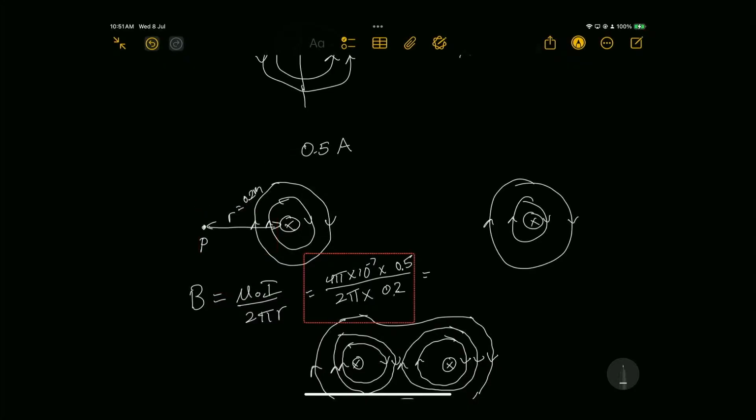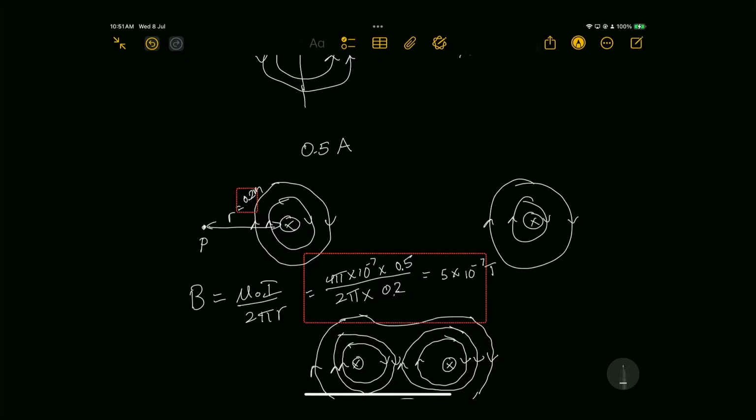So this would be equal to 5 by 10 to the negative 7, and the unit of the magnetic field is T. Tesla, right?